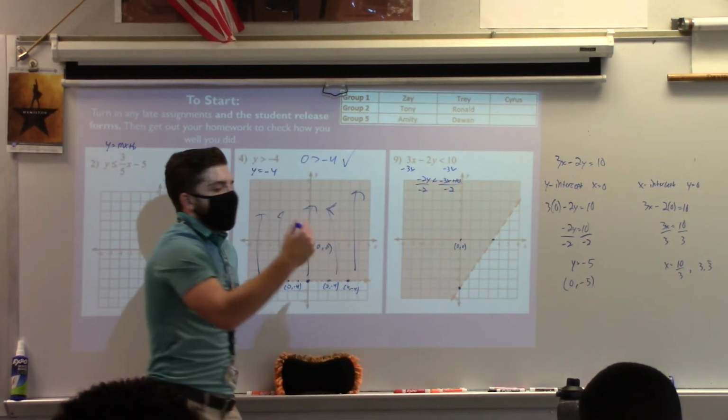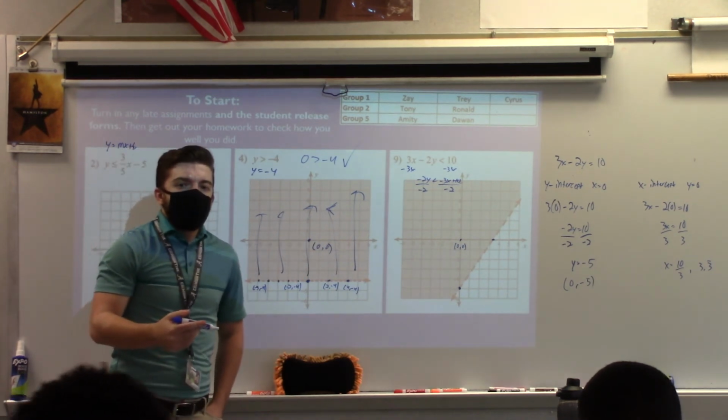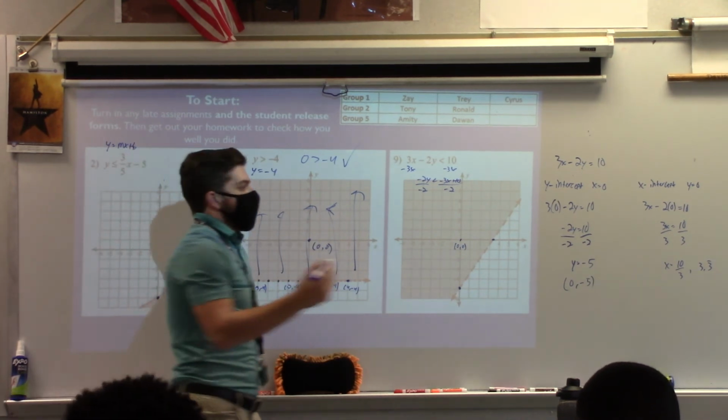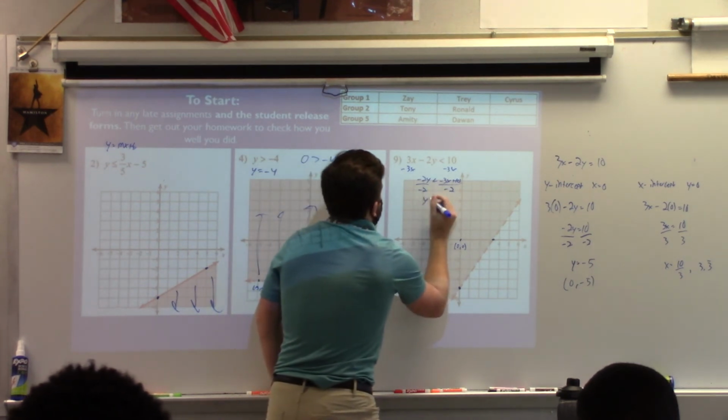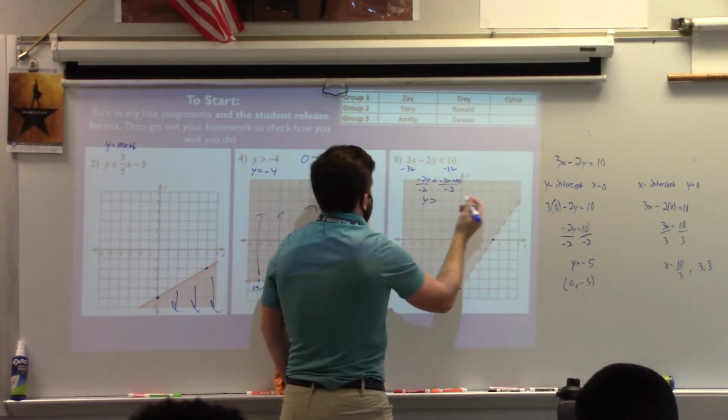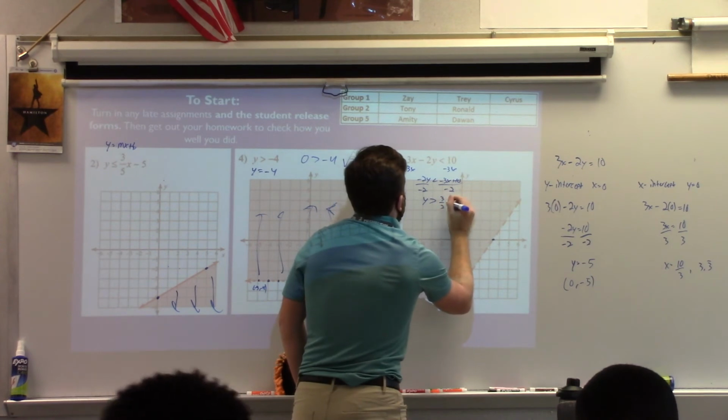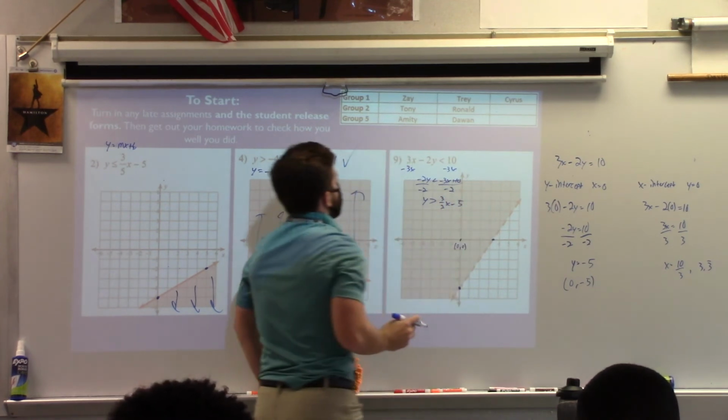When we divide by a negative, what happens to the sign of the inequality? You gotta flip it. It reverses. So the sign reverses, and it becomes y is greater than 3 over 2x minus 5.